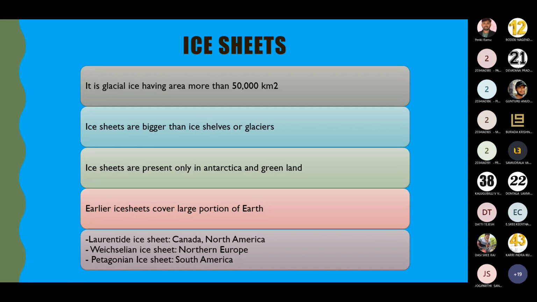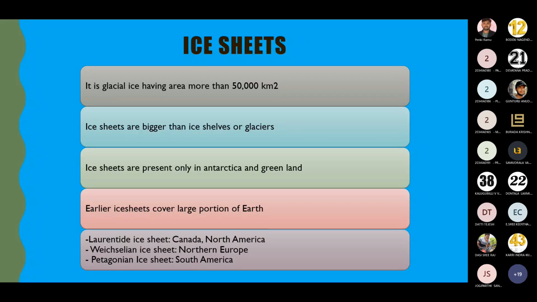And these ice sheets are bigger than ice shelves and glaciers. Like I said, glacier is nothing but moving ice, and ice sheet has an area more than 50,000 square kilometer. So ice sheet is normally larger than ice shelf and glacier. These ice sheets now are present only in Antarctica region and Greenland.